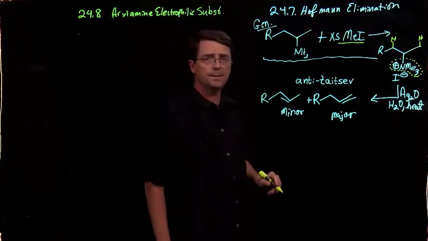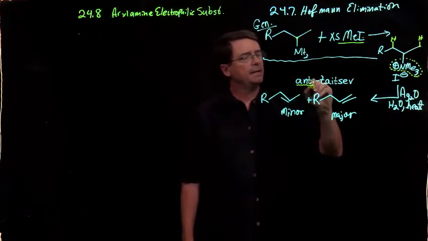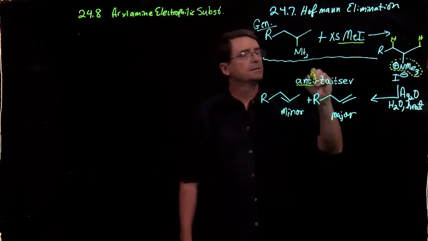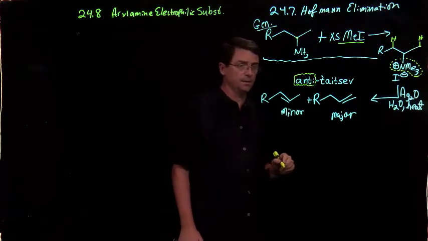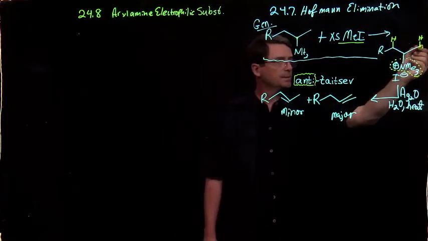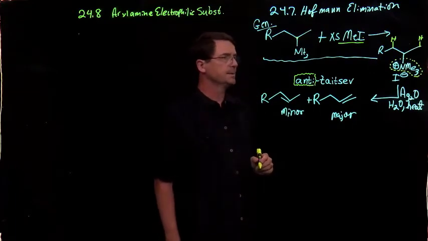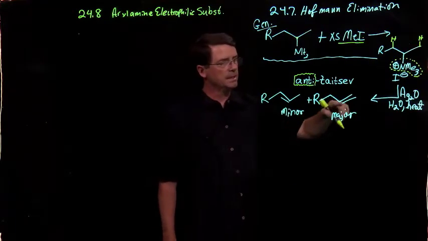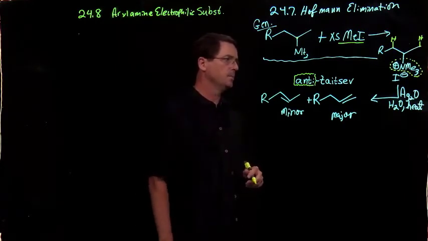Now, the unique thing about the Hofmann elimination is that it gives the anti-Zaitsev product. So the major product will be the alkene that comes from elimination of the least substituted carbon, producing the least substituted alkene. I'll show you a specific example in a moment.